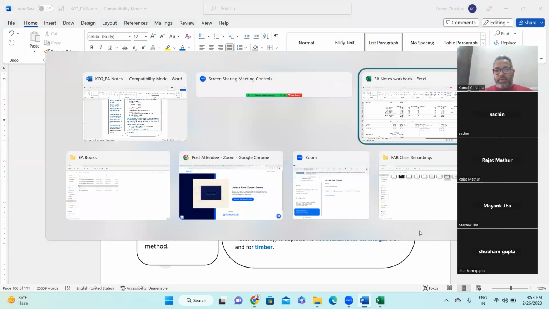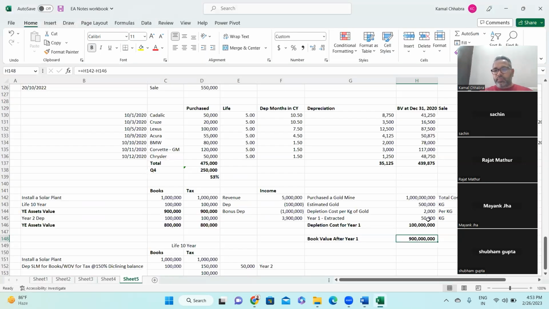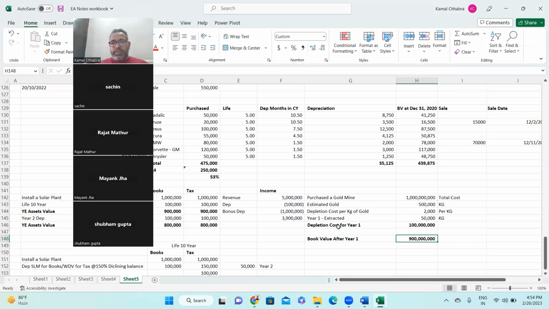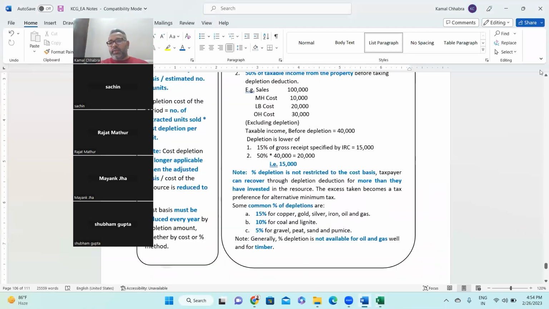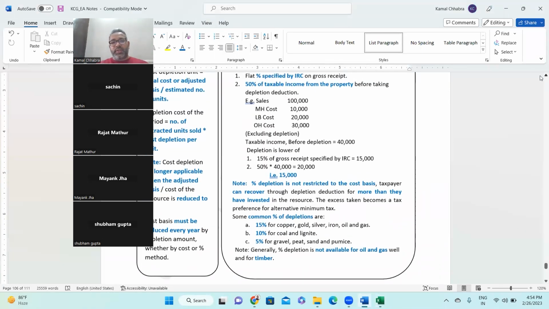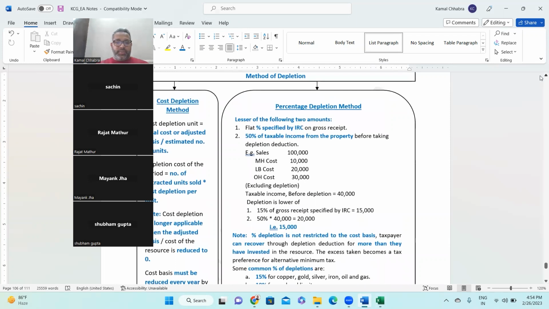So for example, let's go back to this one. The same example, let's assume you have invested $1 billion to purchase a gold mine. Now you are applying the percentage depletion method.